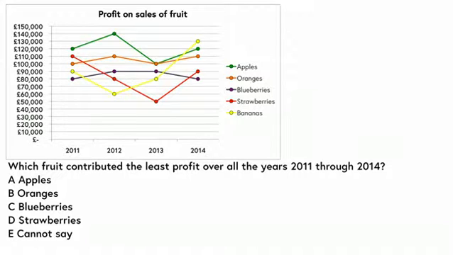Each point on the graph represents the profit for a particular fruit in a particular year. All the points for one fruit are in the same colour, and the points are joined with the same coloured line. Strictly speaking, the points should not be joined with lines, as the graph is a plot of discrete points.